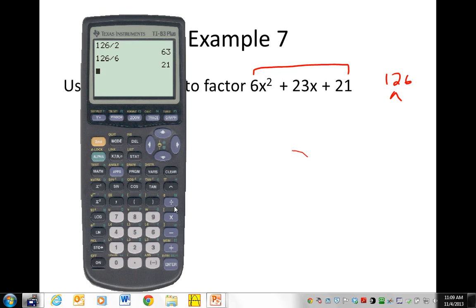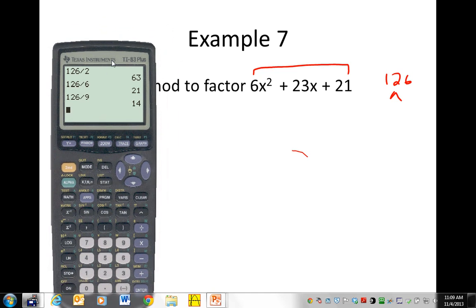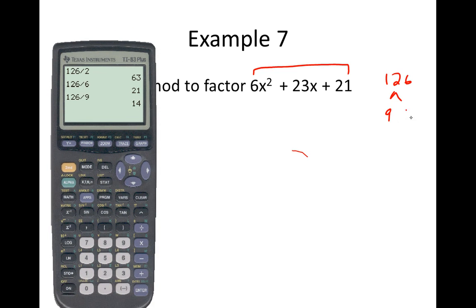Nope. Getting closer though. How about 126 divided by 9? 9, 14. Ooh, there we go. 9 and 14 is 23. So I found it. So it does take a little bit of work on these. There's probably a little program you could download on that if you wanted to.